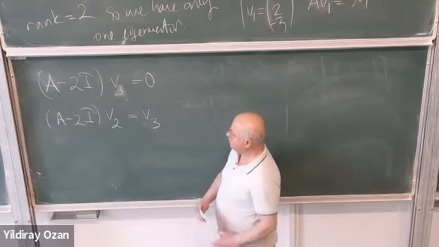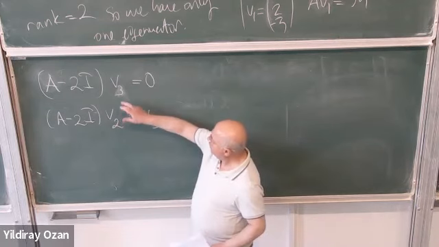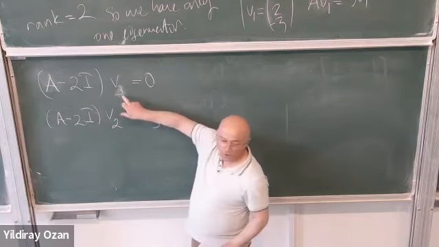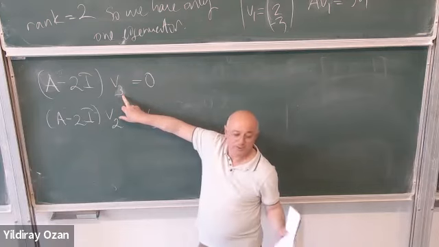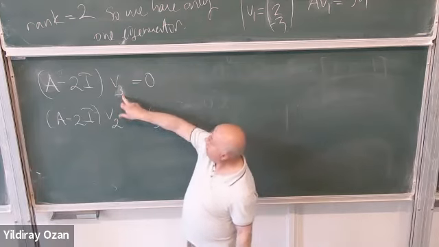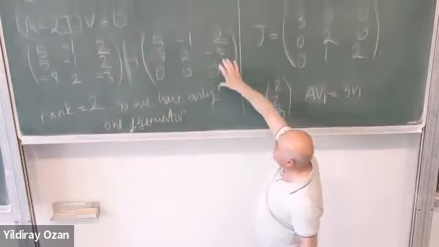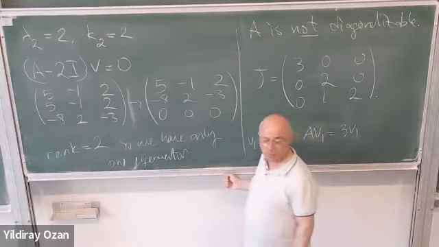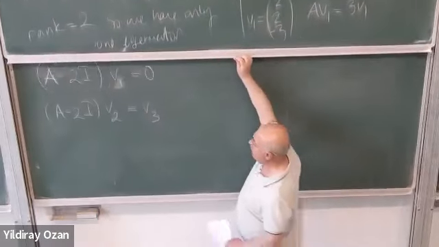Now what did we do? So I need to find W3 and W2. Finding W3 is easy. This is the eigenvector, and I have already found it here. So let's find W3.